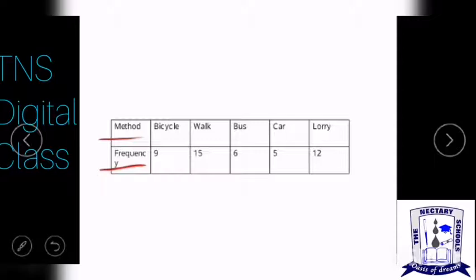The other time we were talking about scores and frequency, I told you that we were particularly using score because we were dealing with the scores of students in a mathematics test. Now we are dealing with method of transport.